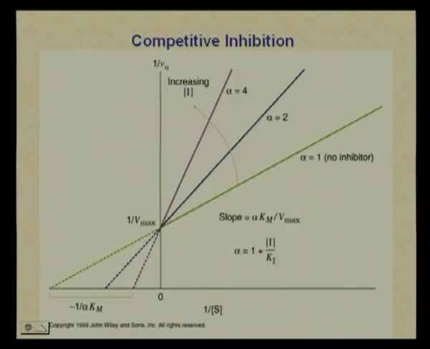Why? Because the total enzyme concentration is the same. What about the Lineweaver-Burk plot for the inhibitor? It is going to have a steeper slope. Why? Because we are going to have increased Km. Okay. So, that completes competitive inhibition. This is a type of reversible inhibition.